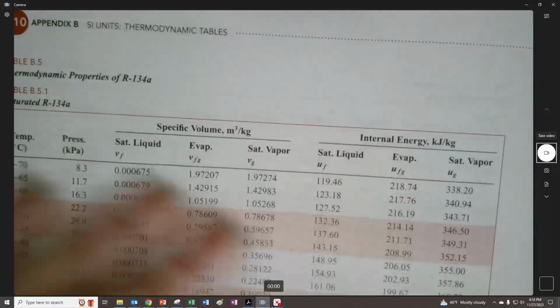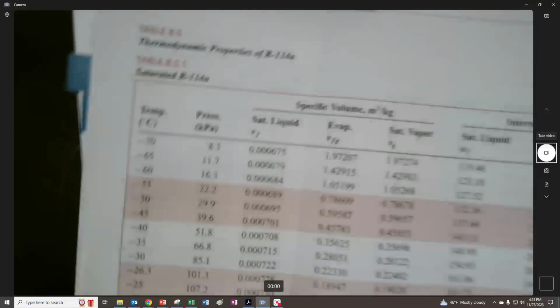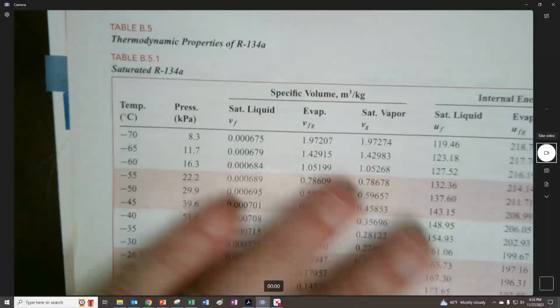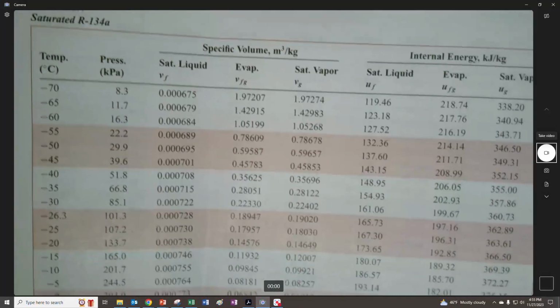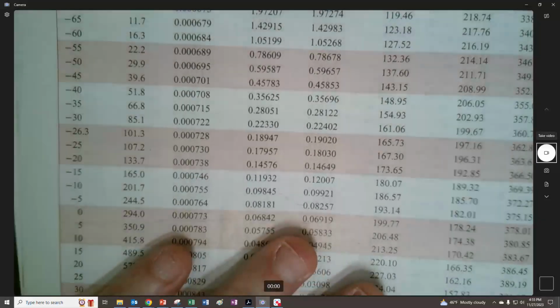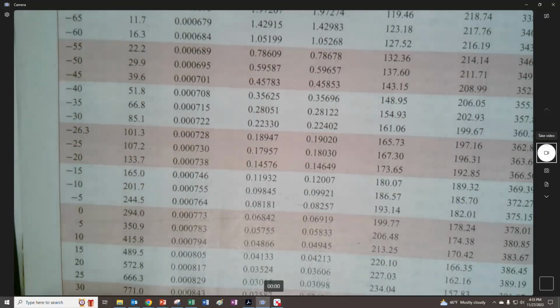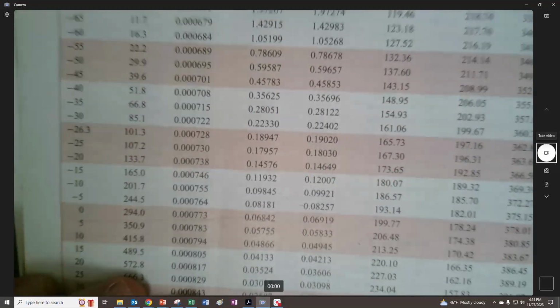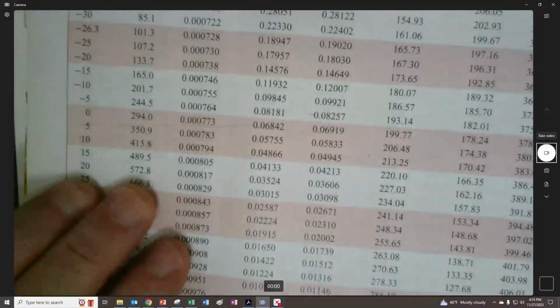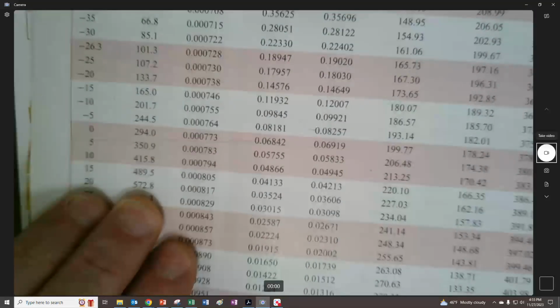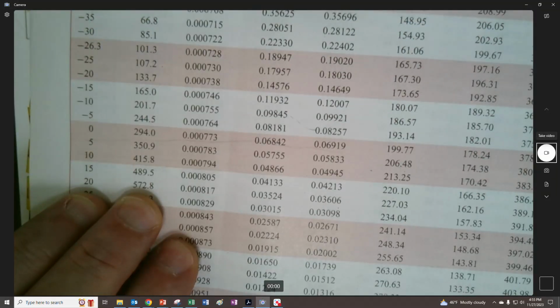So we said it was 20 degrees. Oh, and I decided to change this to 150, because I think our life would be easier if it was 150. So starting out at 150, let's take a look at 20. You can see that the saturation pressure is 572.